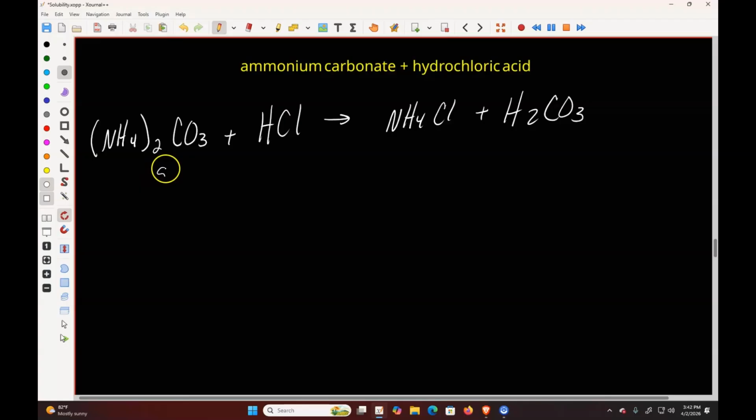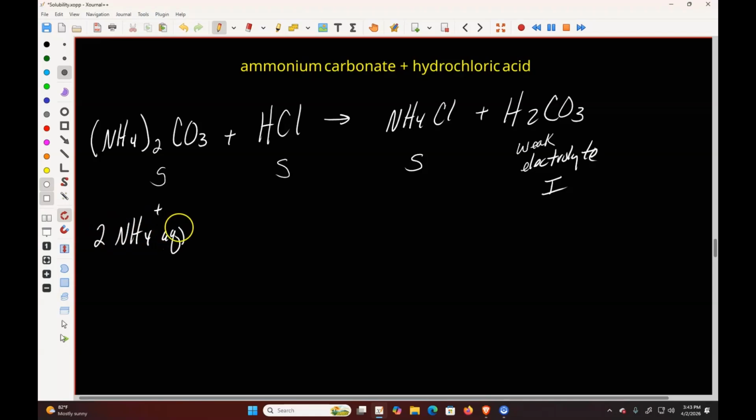All right, so this is soluble. All ammonium compounds are soluble. Strong acids are soluble. Soluble, ammonium compound. And this is a weak electrolyte. So I have 2 ammoniums aqueous plus a carbonate aqueous.